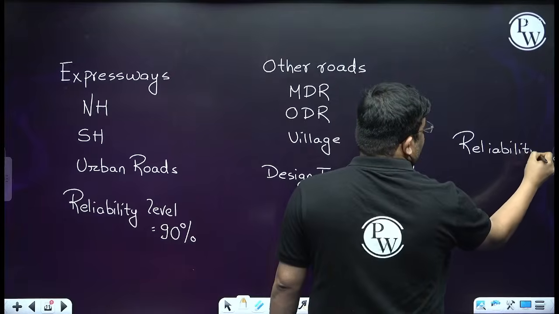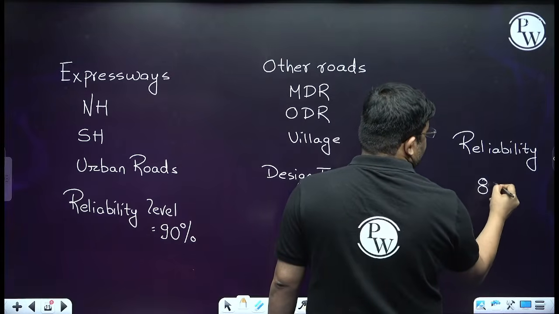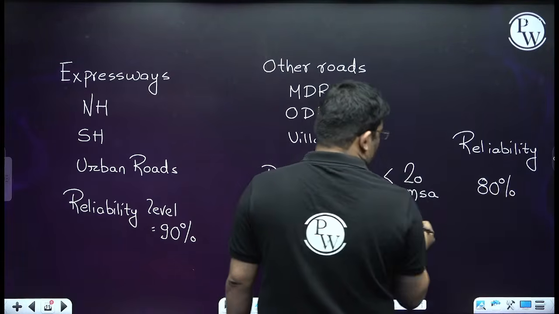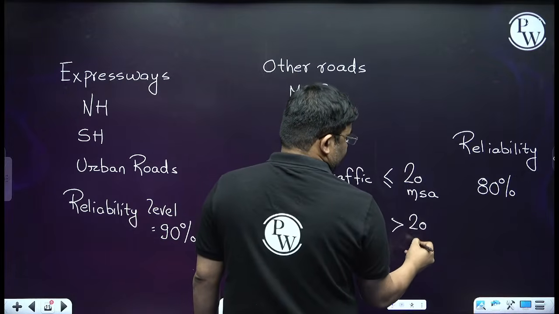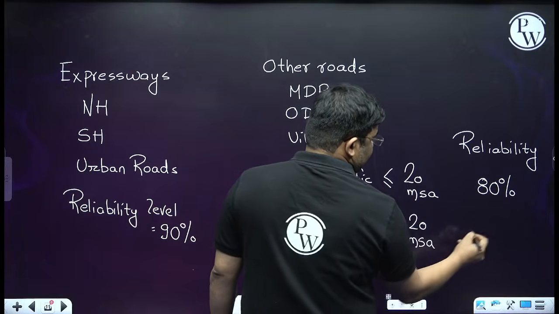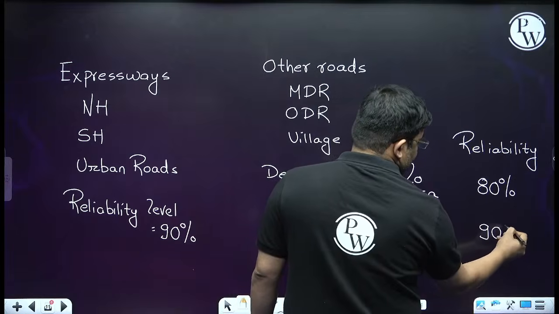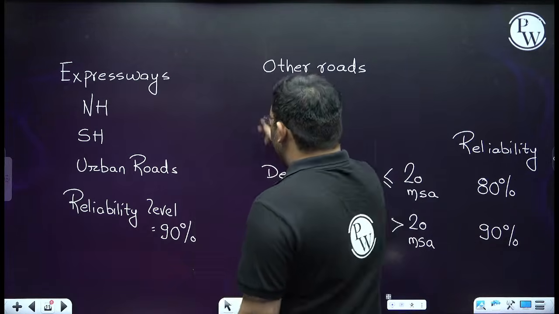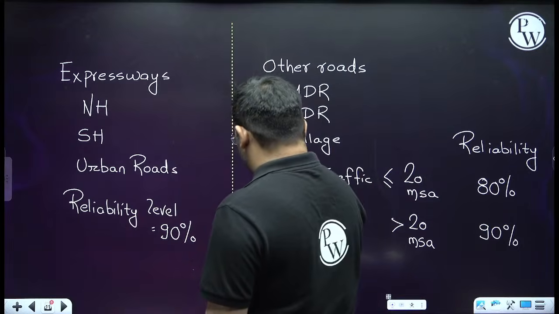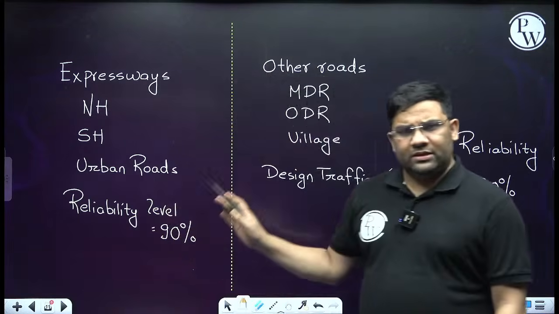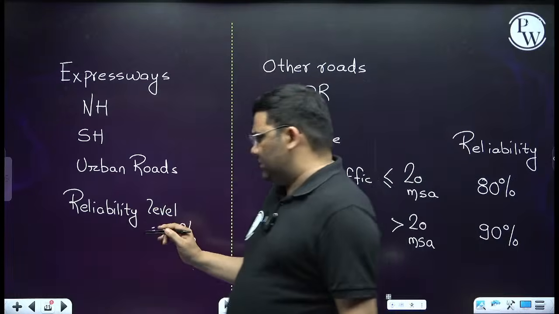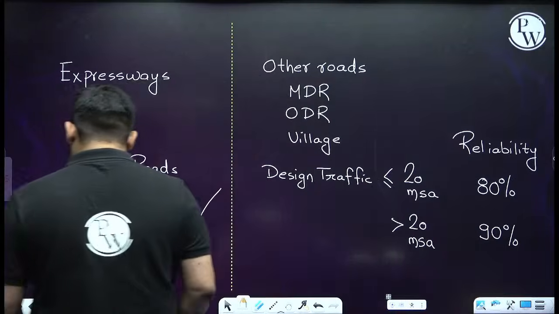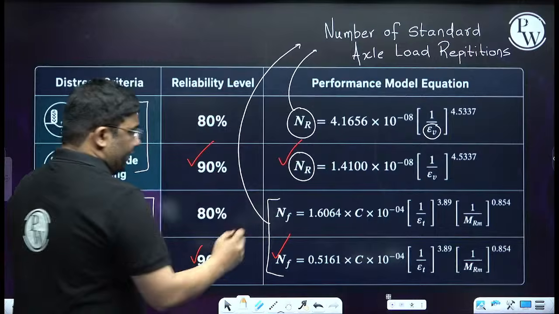If it is more than 20 MSA, then we will take the reliability level as 90%. But for national highways, state highways, urban roads, and expressways, it doesn't depend on the traffic. Straightforward, we take the reliability level as 90%. So we are going to use these two equations.